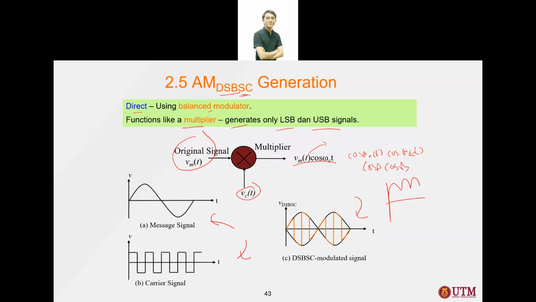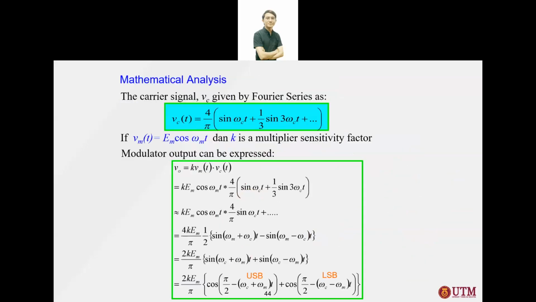Double sideband full carrier looks like this, and double sideband suppressed carrier looks like this. For single sideband suppressed carrier, you only have the normal cos, because we don't have the carrier component.